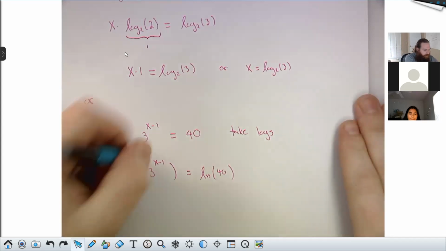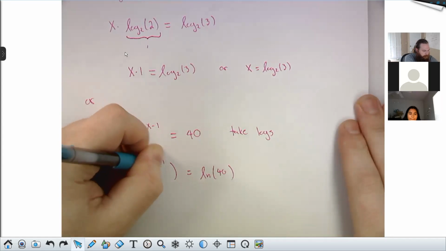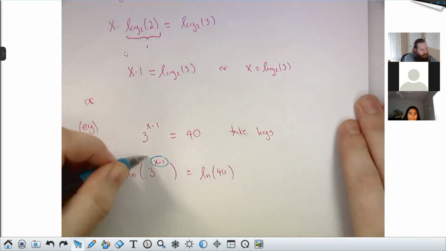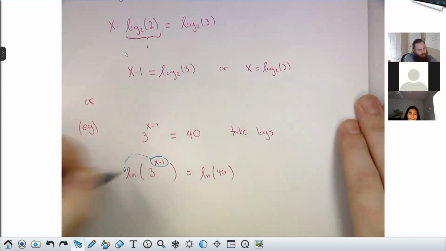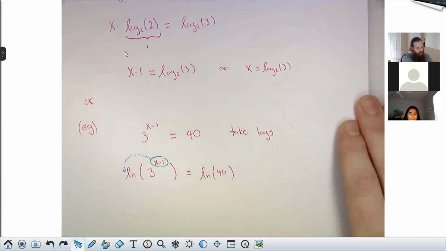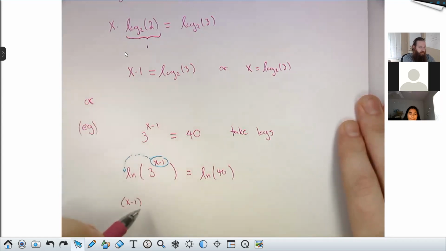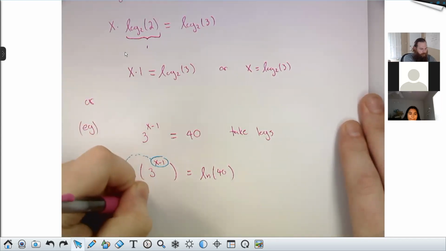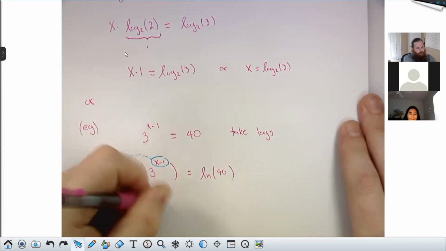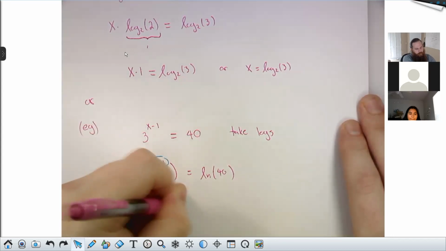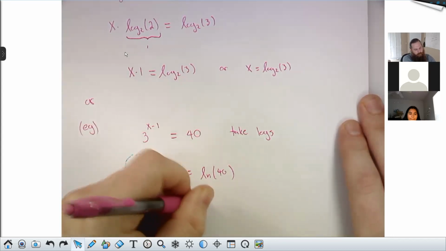The power here is the x minus 1. So it can come down front, and I'll get (x minus 1). I like to put it in parentheses to remind myself that that is an individual chunk. You should too. times the natural log of 3 is equal to the natural log of 40.